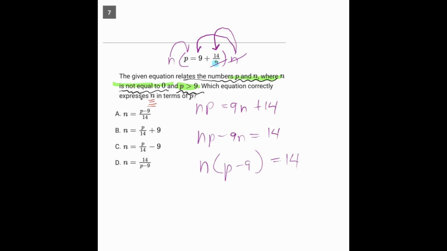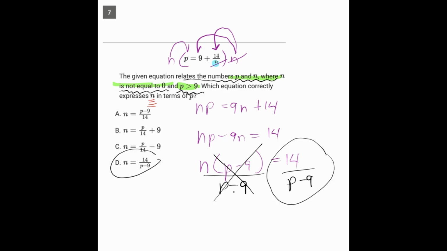So now, if we want n in terms of the other variables, we can just divide by the p minus 9. Not p minus q, p minus 9. And so this will cancel, and n equals all of this stuff, which is answer choice D here.